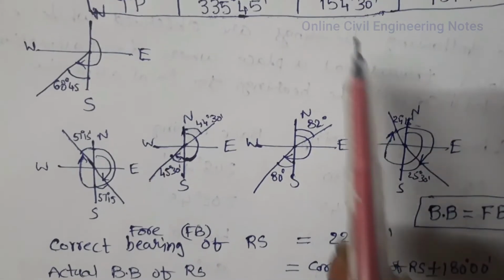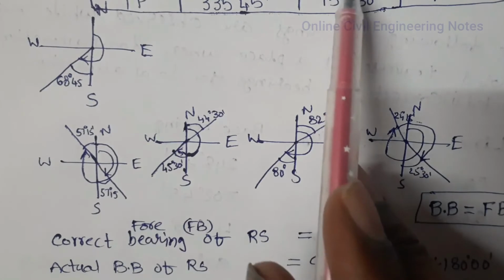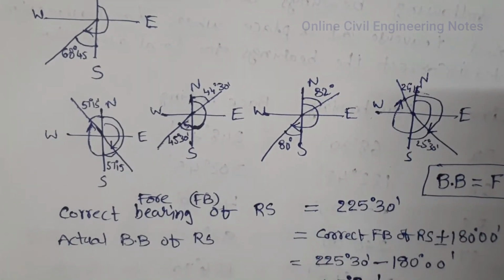But the observed back bearing of RS is 44 degrees 30 minutes.